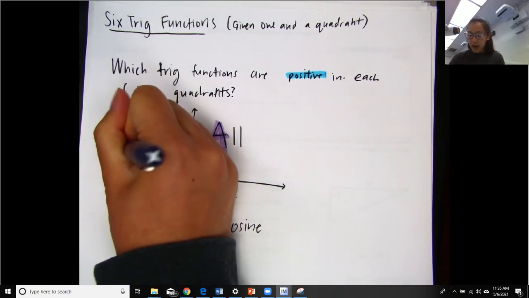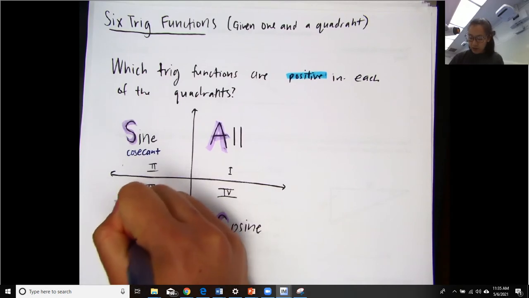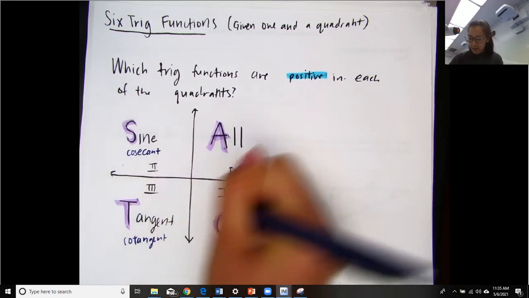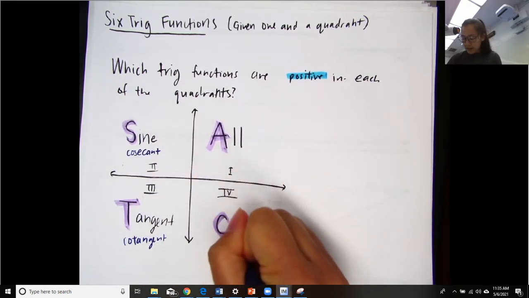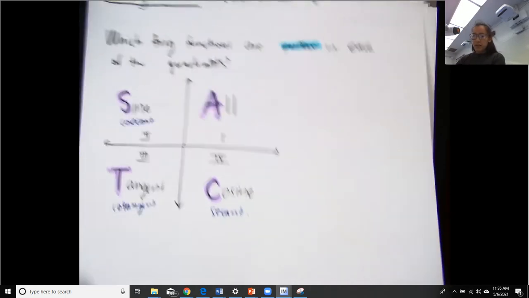So for sine, cosecant will also be positive. For tangent, cotangent will also be positive. And for cosine, secant will also be positive. Okay, so we'll keep that in mind when we are working with the unit circle and the trig functions. So let's go ahead and do an example then.